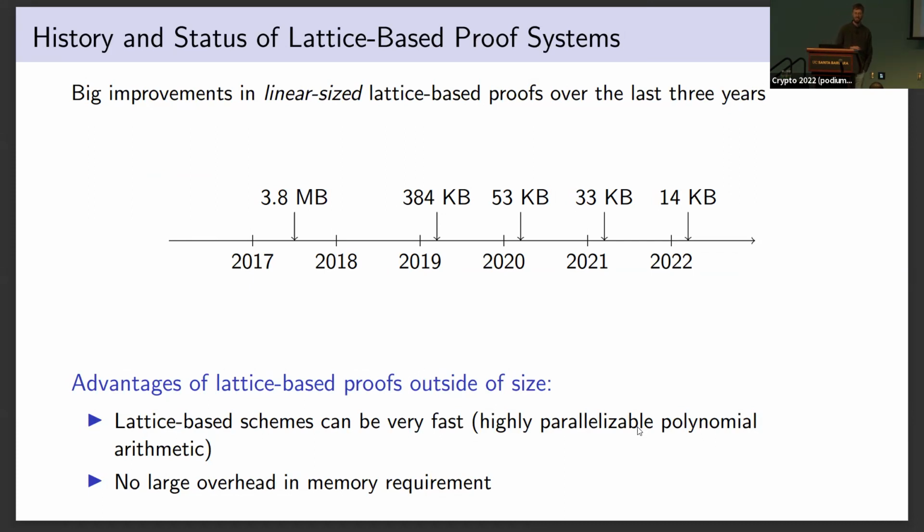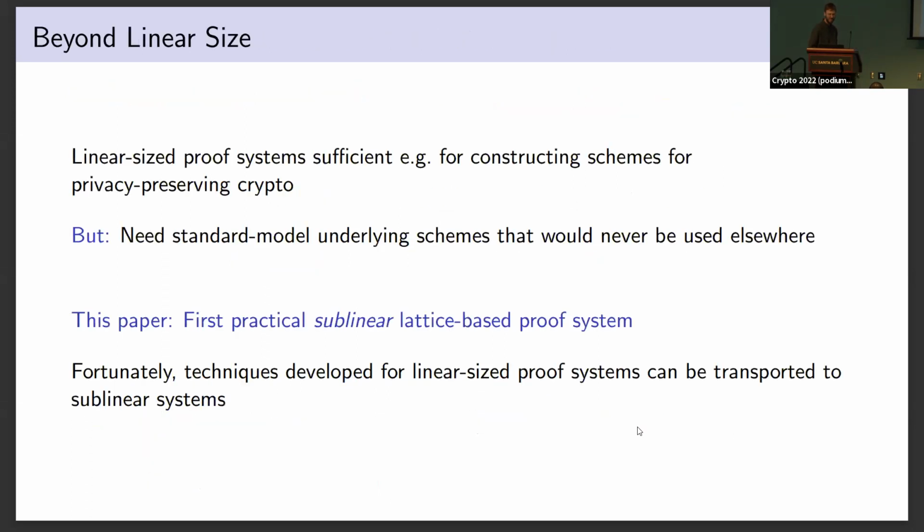This was improved in 2019 by a factor of 10, and then by another factor of 10 in 2020 and 21. And now Kaan presented essentially the last iteration in this development, where there's another factor of 2 or so improvement. So this is the state of linear size proof systems.